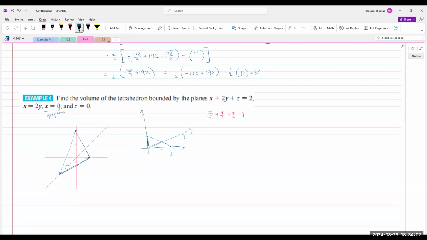So we are dealing with actually this part, not this part, not that part. Because that part is bounded by y equals 0, but the one bounded by x equals 0 is the one I shaded there.